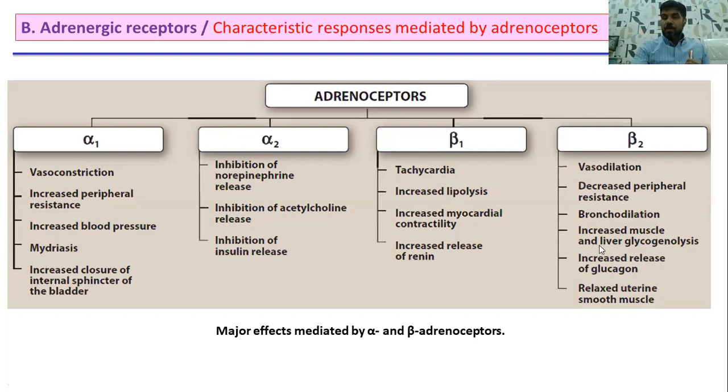Also, beta-2 agonist can increase muscle and liver gluconeogenesis. Also it can increase release of glucagon, and finally, beta-2 agonist can relax uterine smooth muscle. So we have medications such as salbutamol, which is a beta-2 agonist.